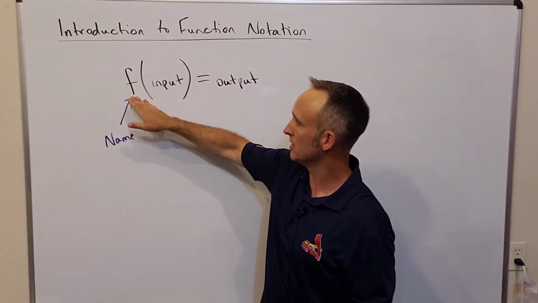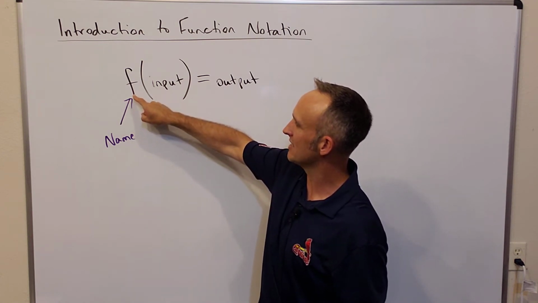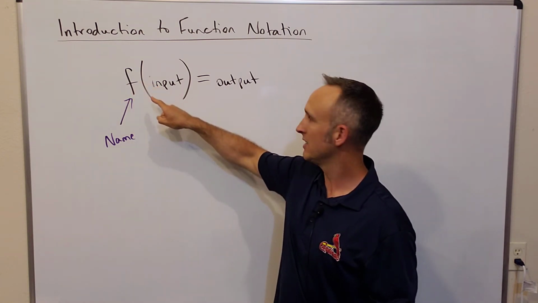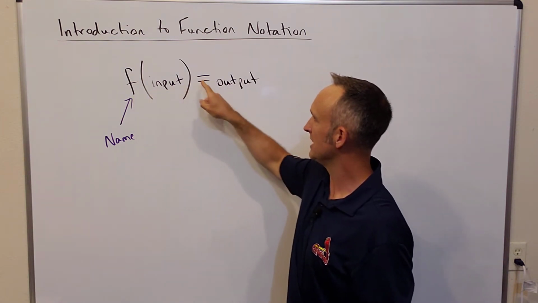If this is a function, that means this is an input for that function. So we say this as f of input equals output.